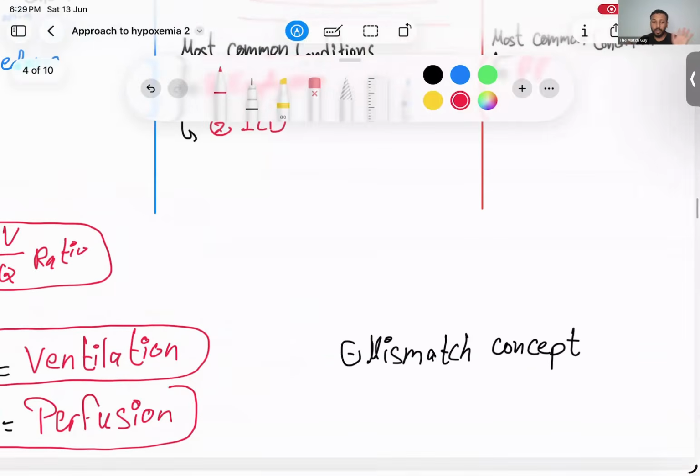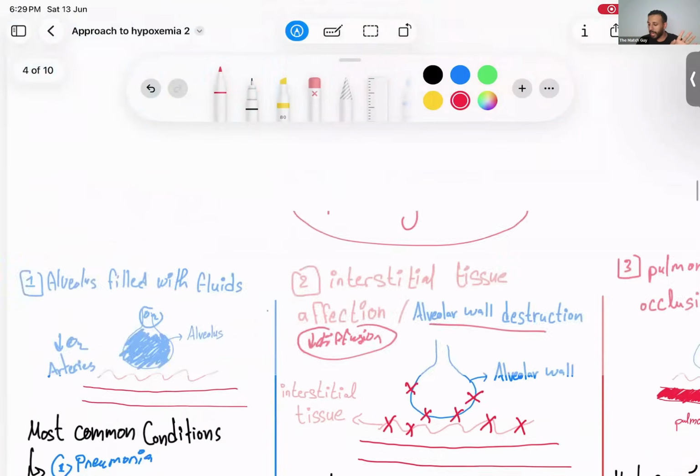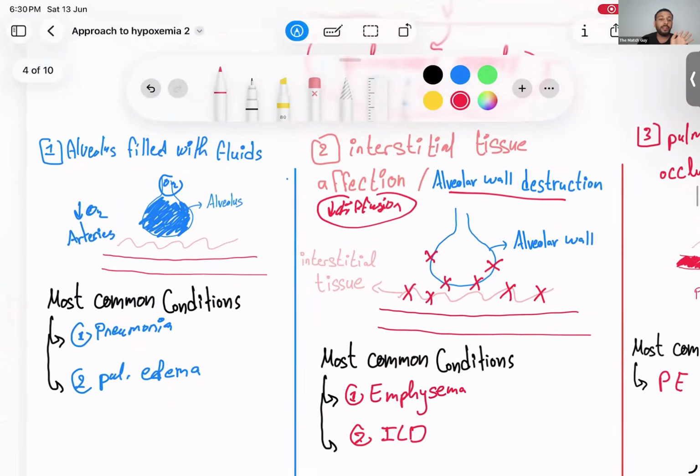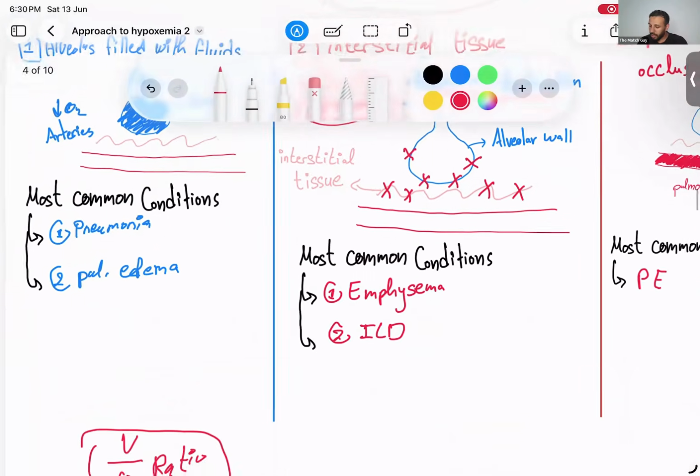So let's talk about the two conditions, and you guys are gonna answer. When the alveolus is filled with fluid, there will be decreased ventilation. There will be decreased V. What will happen to the perfusion? The perfusion is gonna be the same. So what will happen to the VQ ratio here?